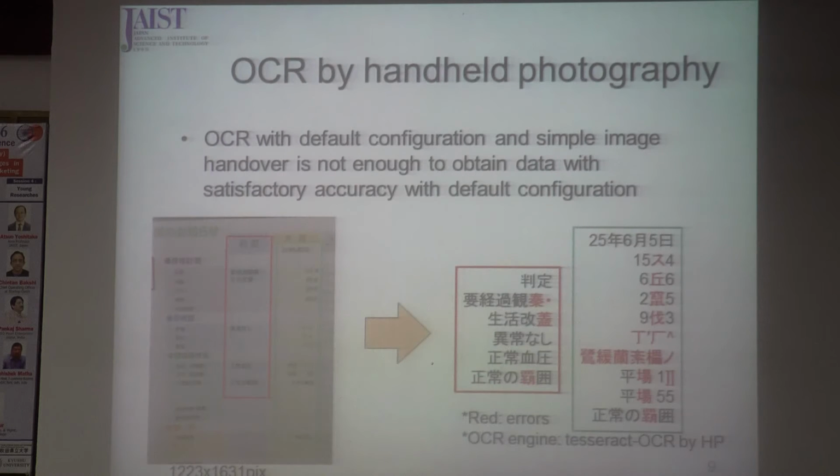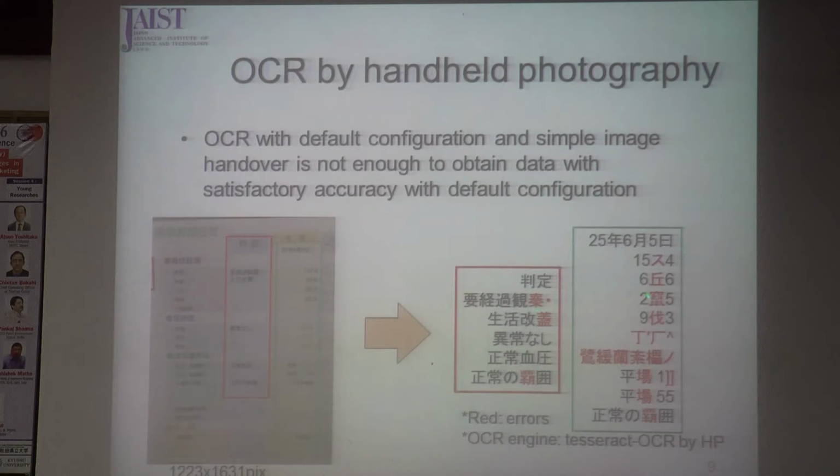Another issue is that, as you can see here, if we apply optical character recognition to pictures taken by handheld mobile devices, a certain number of errors appear, as you can see in red letters over here.